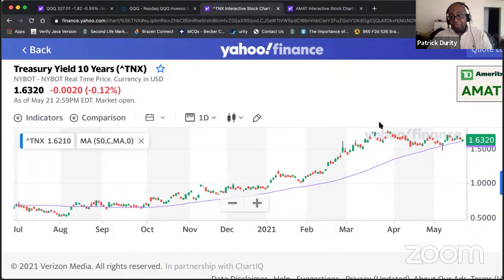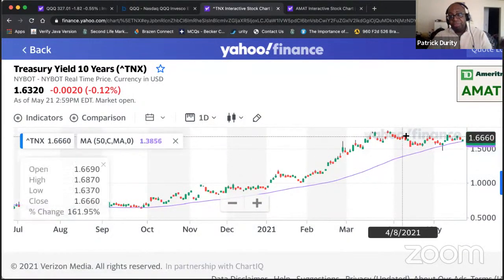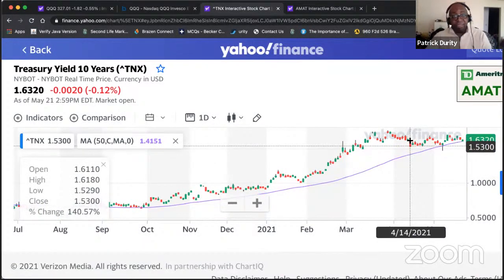And I think it's the rapid rise in interest rates that initially spooked the market, but then the tech market came back.